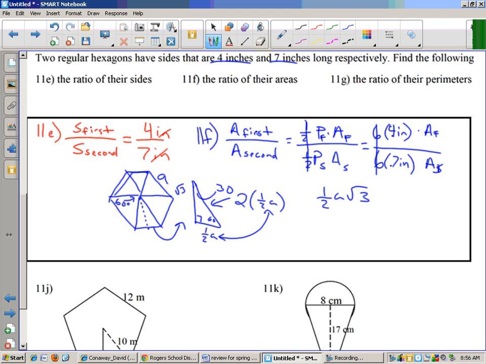Let's do this thing here. This is the apothem, 1/2 a times the square root of 3. We'll leave it like that. So if I put that in here for the first and put it in here for the second, here's what I'm going to get. 4 inches times 1/2 of 4 inches, because a was the length of this side here, and it was 4 inches in the first one, square root of 3.